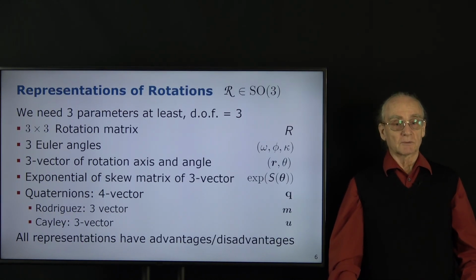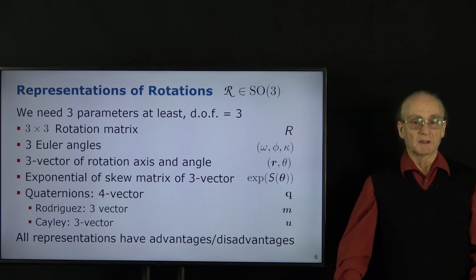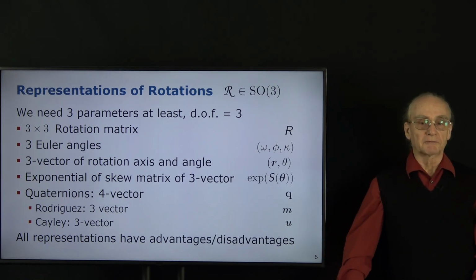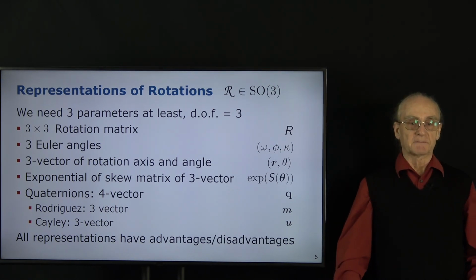We will discuss several representations because each of them has special advantages and disadvantages. Of course, we will start with representing a rotation by a 3x3 rotation matrix. Then we will see that it is easy and very intuitive to describe rotations by three angles around the three axes.